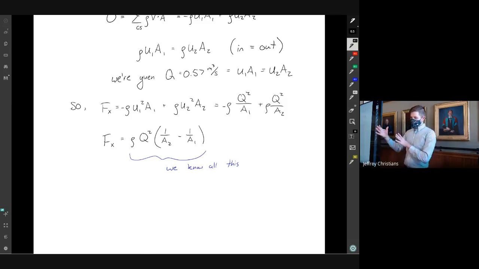So now it comes to what's happening in Fx, what does that actually mean, and what are the different forces that are involved. This would tell us the net force in the x direction that is causing the acceleration that we're viewing. The fluid's coming in slowly, it's shooting out in a really fast jet. That's a force that has to cause that acceleration.